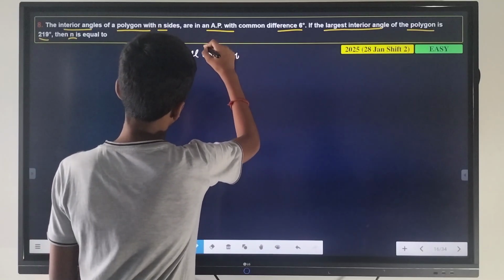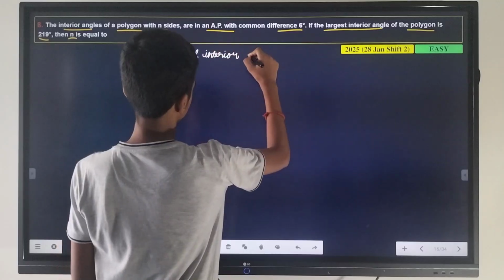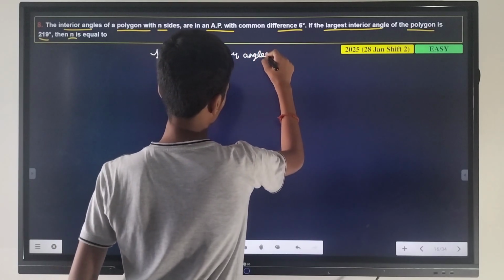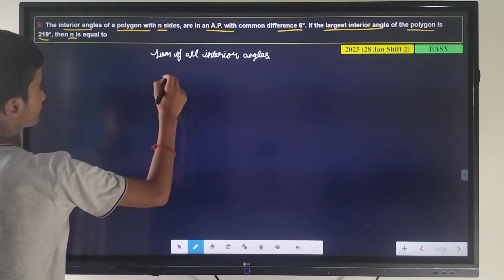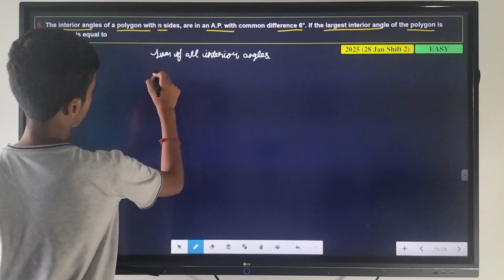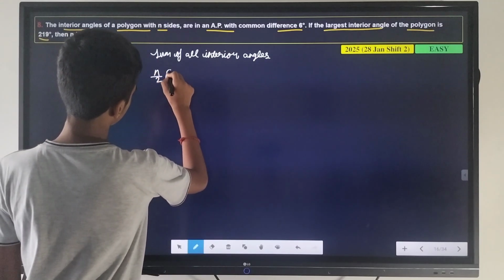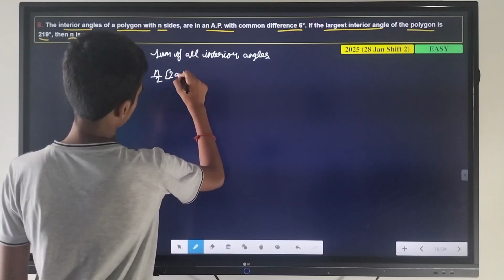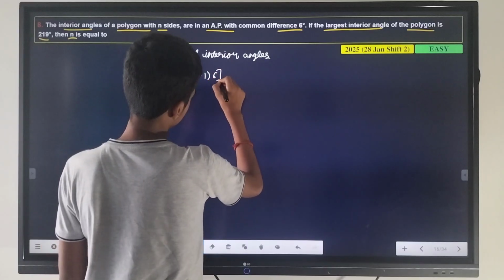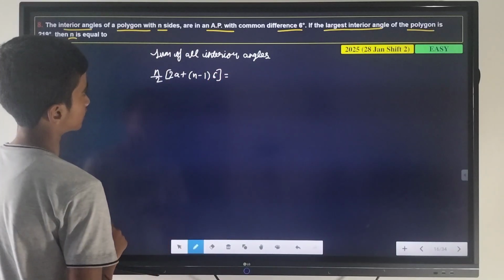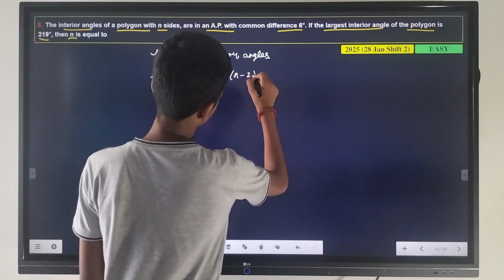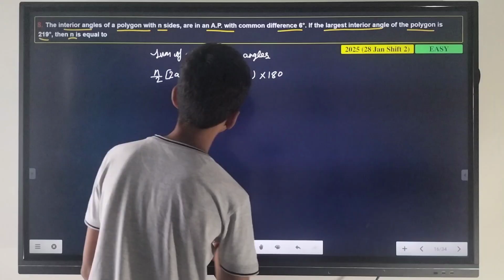interior angles. Sum of all interior angles will be, now number of sides are n, so the sum of all interior angles will be n upon 2, first term a plus n minus 1, common difference 6 degrees, is equal to, now the sum of all interior angles, there is a formula, n minus 2 into 180 degrees.